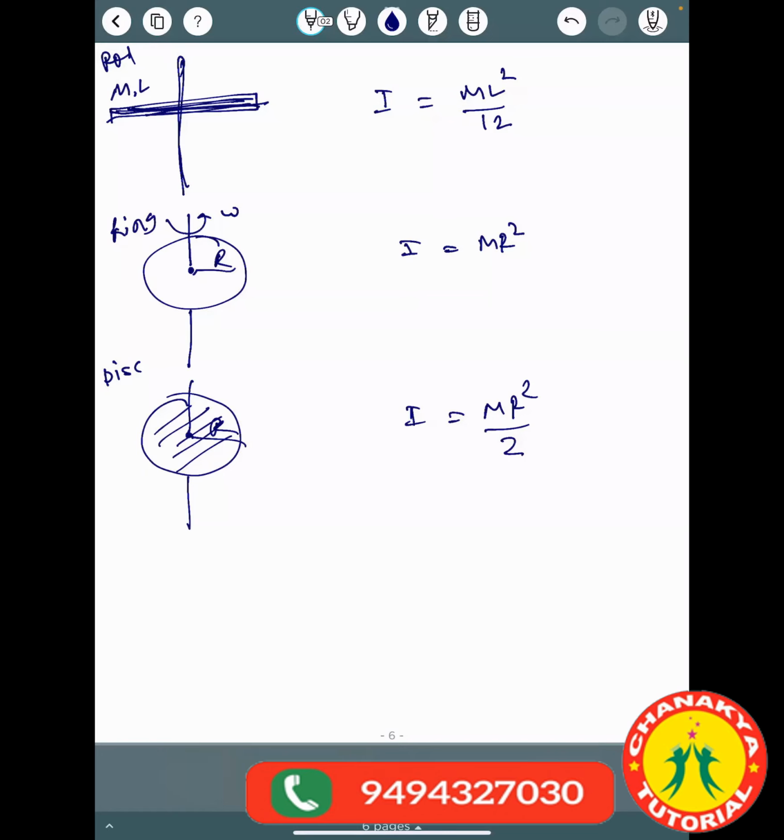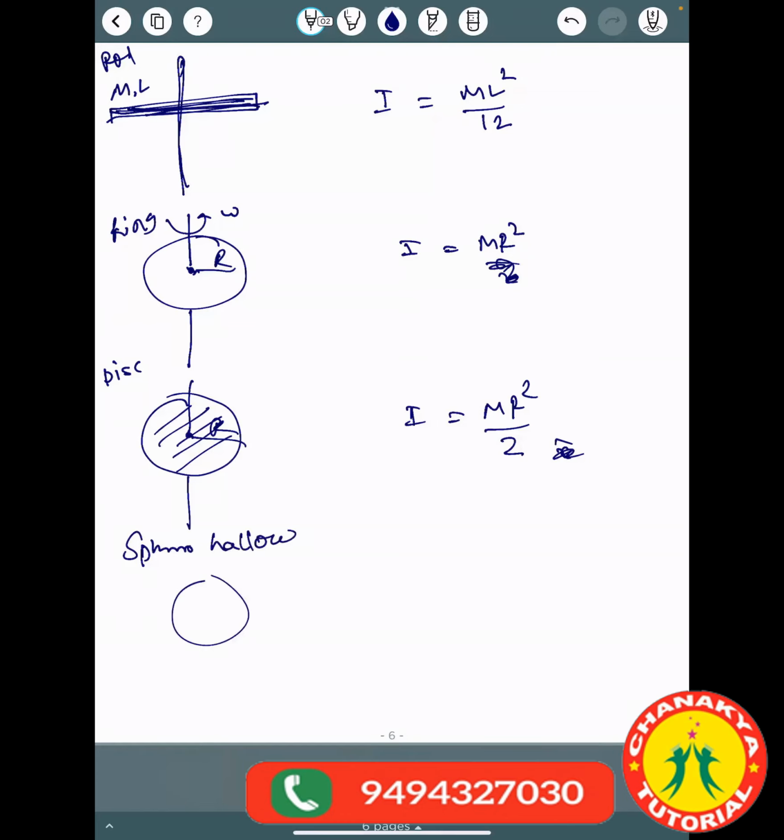If they ask about diameter, you just need to make it half. Everywhere you need to half. Understood? Then comes a sphere. There is hollow and solid.